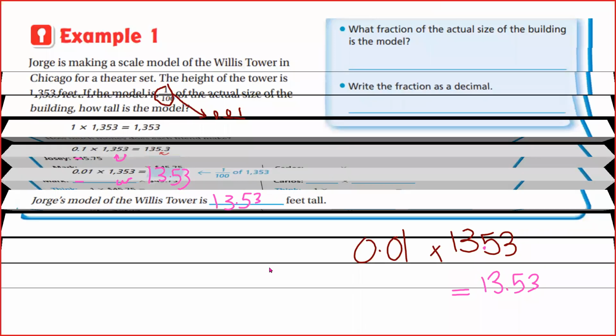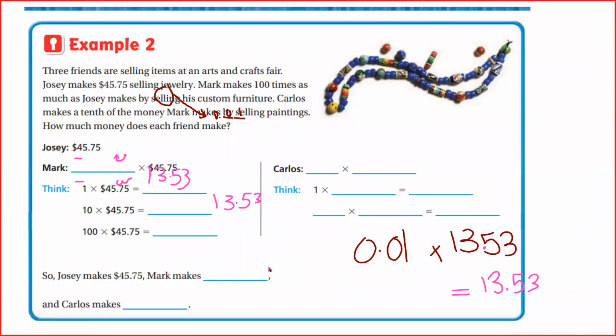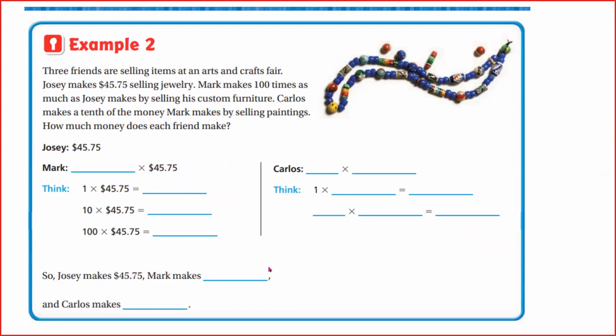Okay, now. It's Saturday. 3 friends are selling items at an arts and crafts fair. Josie makes $45.75 selling jewelry.